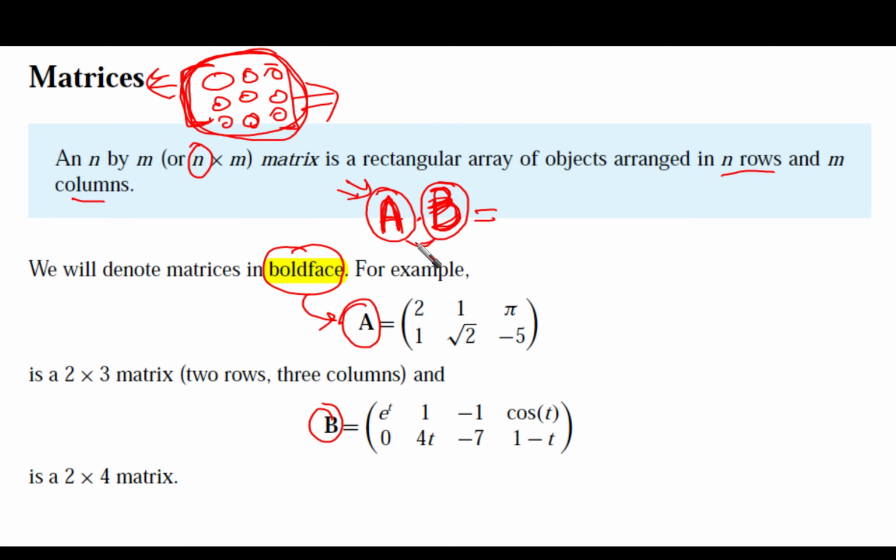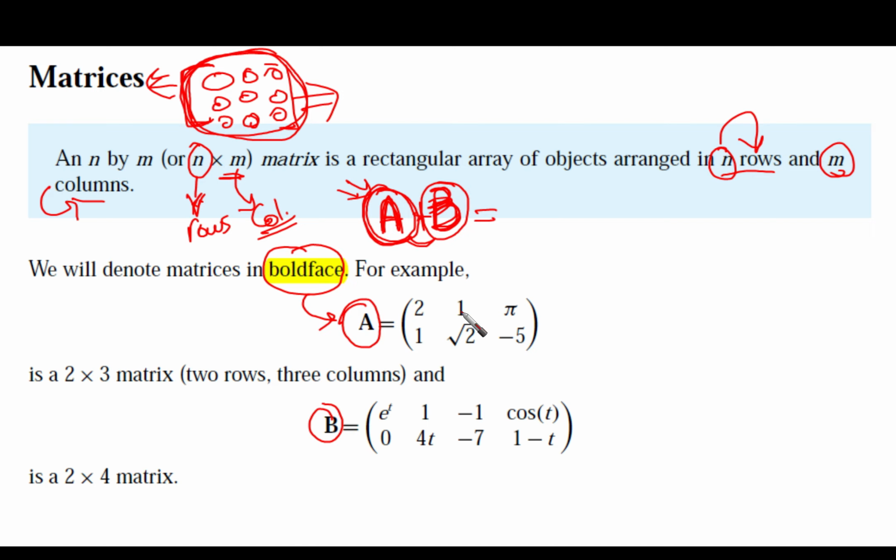So the multiplication or addition or whatever operation we apply doesn't work as if you were adding or multiplying numbers. It is different. And whenever we say n and m, this means n is the number of rows and m is the number of columns. This is why we said that n is the rows and m is the columns.